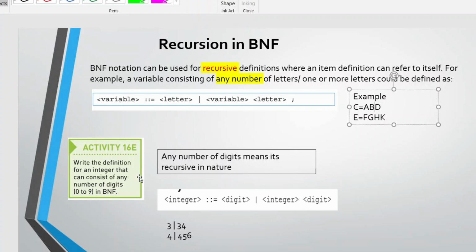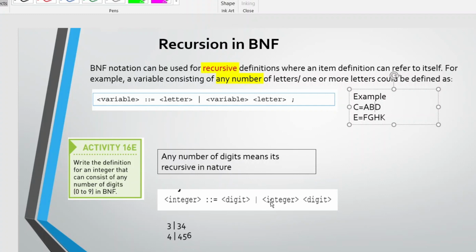So let's see another example. Write the definition for an integer that consists of any number of digits. When we get this term, any number of digits, it means you have to apply recursion. So what do we have to define? Integer. It is defined by any number of digits. So first we have to write this condition, digit only, before the or.